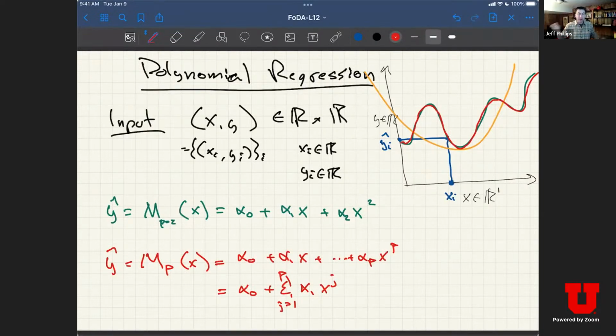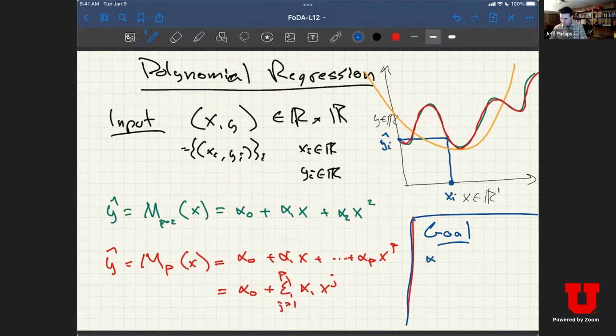And this is the model that we're considering here. And again, the goal here is alpha star p, which is going to be a vector in p plus 1 dimensions.